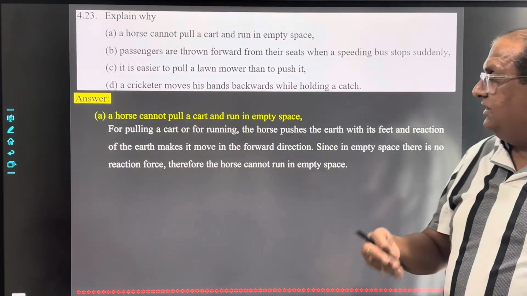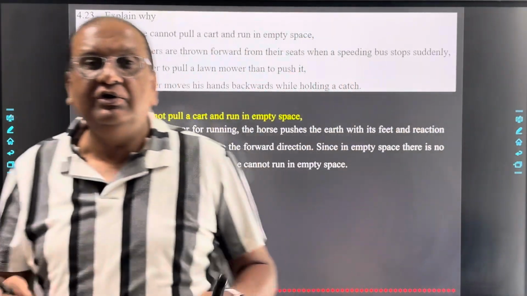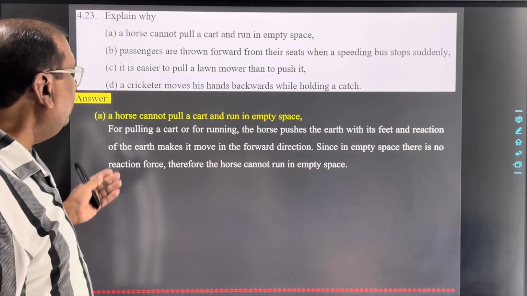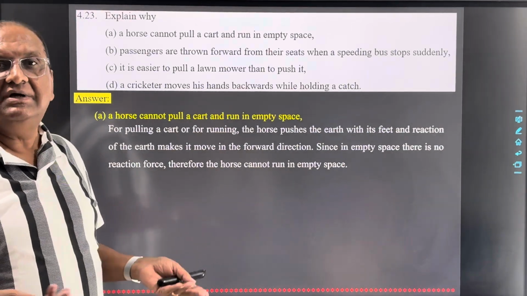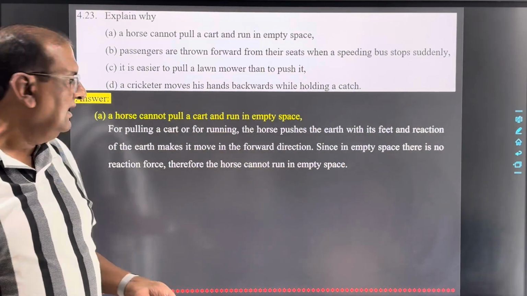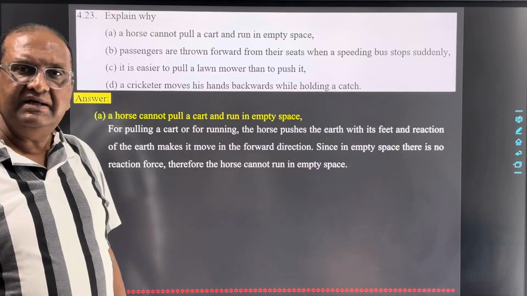So here, as per Newton's third law of motion, the horse pulls the cart. But in empty space, there is no reaction force because there is no action, right? And therefore, it cannot run in empty space.